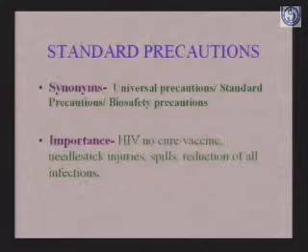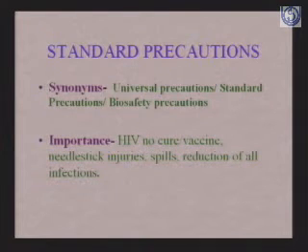Now, apart from these programs which the hospital should constitute, the other important aspect is the standard precautions which have to be followed in tackling the hospital acquired infections. The standard precautions was earlier known by the term universal precautions, and they are sometimes referred to as biosafety precautions.